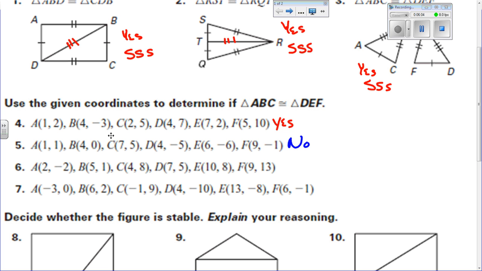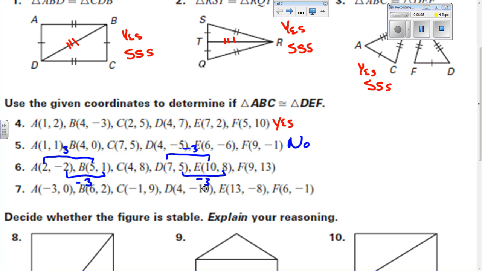Number 6. Difference here is 3. Negative 2 minus 1, also 3. Check the DE. Difference here, 7 minus 10 is negative 3. 5 minus 8 is negative 3. Let's see, it's negative 3 and negative 3. Remember that you would be squaring them in the formula, so it would end up being the exact same thing. So as long as the numbers are the same, don't have to really worry about the signs.